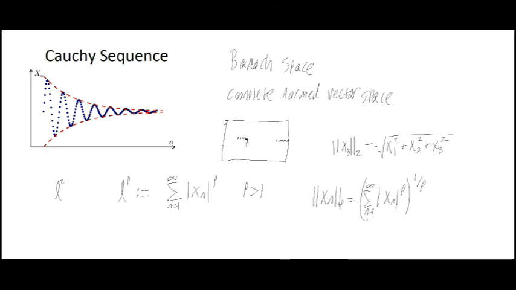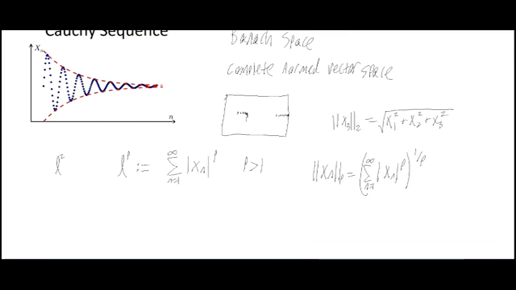And then a Hilbert space is, well, this is the Hilbert space because, and I'm not going to prove it here. Like I said, this is informal, non-rigorous, but this is the only one of these that can be an inner product space. And so this is the only one that can have ideas of orthogonality and things like that.